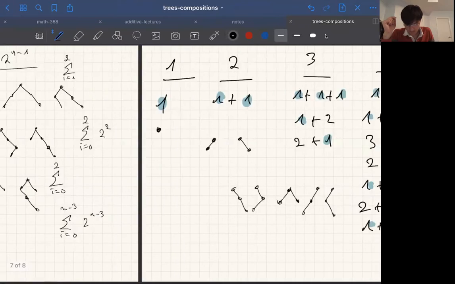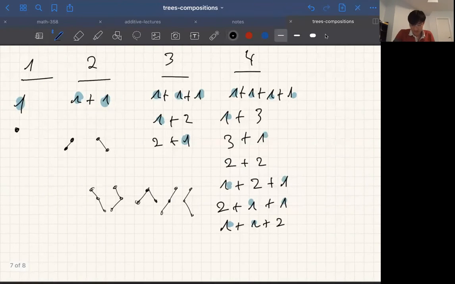So let's go back to this page where we try to figure out what's happening. I guess I'm a little bit disappointed that we didn't find a recurrence actually for the trees, because if we found a recurrence for the trees, then we could sort of work off of the recurrence we had for these compositions.